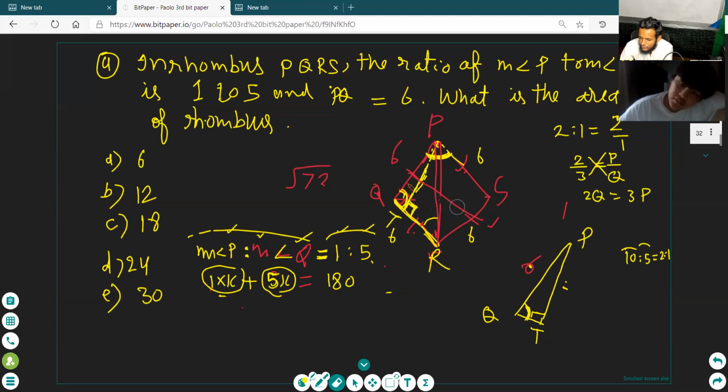We draw the height from the vertex and it will be perpendicular. For finding the height, we need the angle. See here, Paulo. We draw the height from this vertex and this will be perpendicular. This is perpendicular, okay? Clear or not clear?